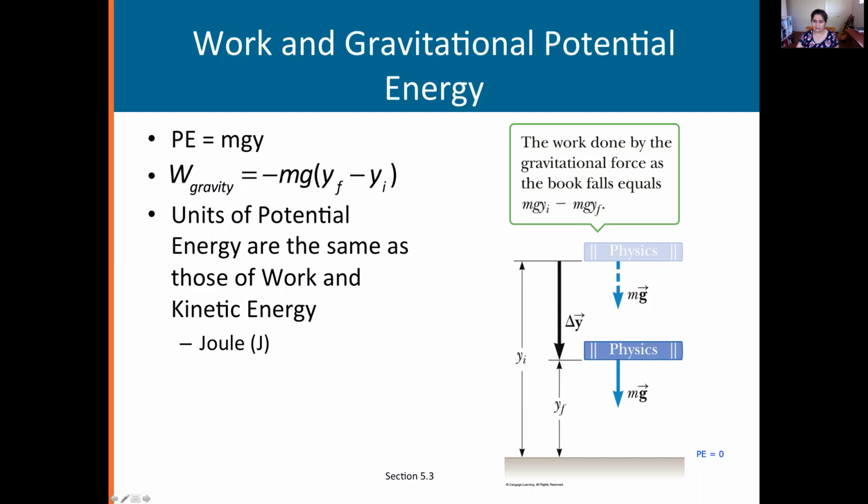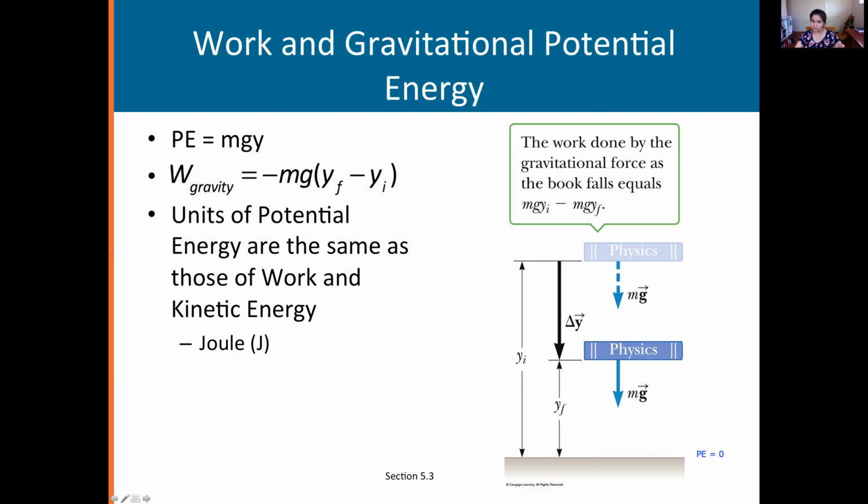So let's say some initial position yi, then some distance y. We have done work against this gravitational force, which is mg, and we have lifted it a distance of y. So mg times y is the amount of work that we need to do to lift this book.